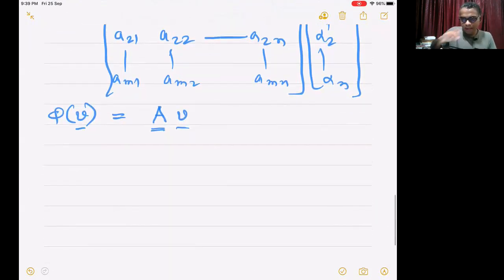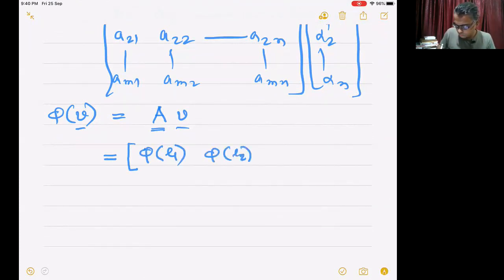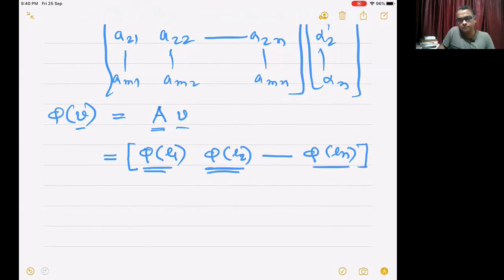If I look back at this representation A, what I notice, so listen carefully, is that the first column is phi acting on E1. The second column is phi acting on E2, and so on up to phi acting on En. So the columns are indeed the actions of the linear map phi on the various basis vectors.